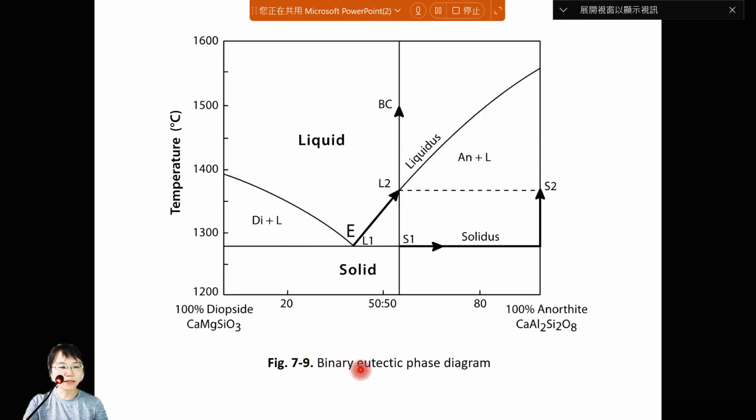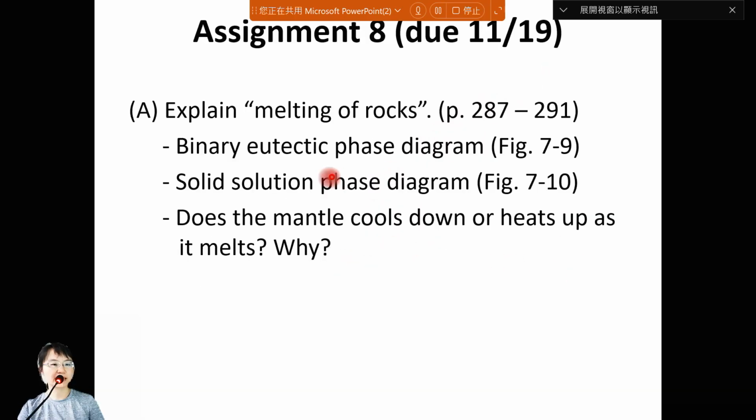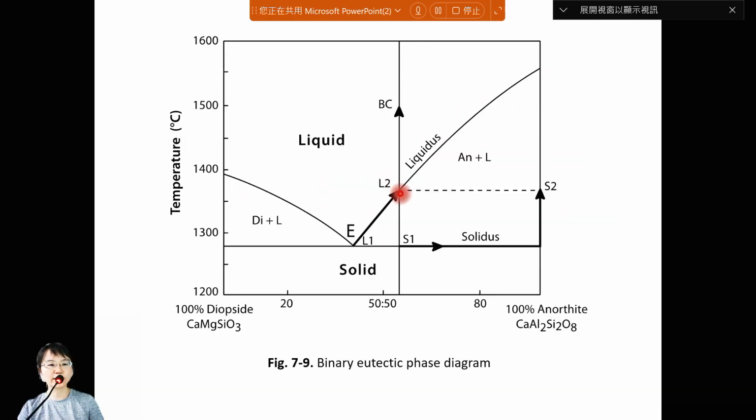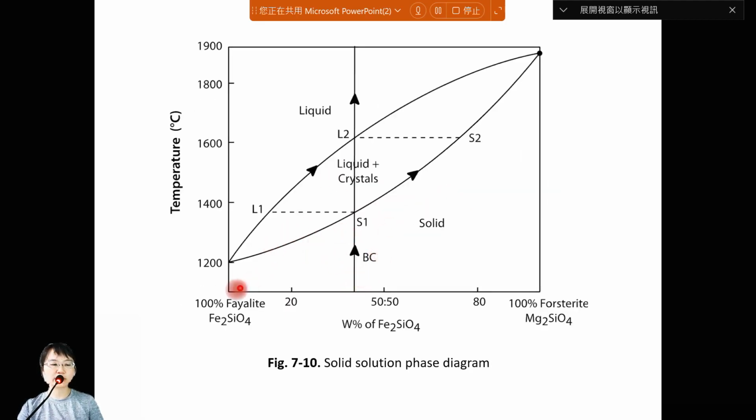This is the binary eutectic phase diagram. Please explain if a piece of this rock, which contains this mineral and this mineral, the temperature is going up, how would the rock change? The second is solid solution phase diagram. You see it's very different from this one. You need to explain for a rock containing these 2 minerals, when the rock is getting heated up, what will happen?